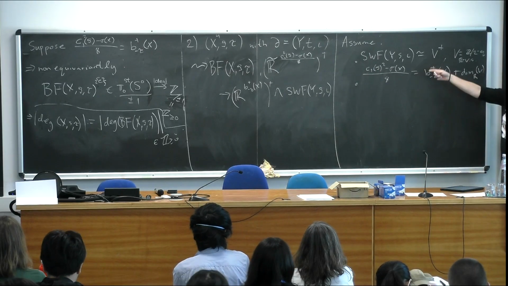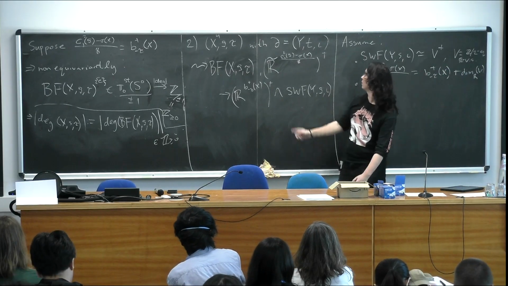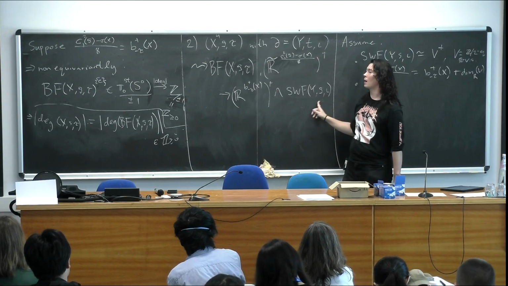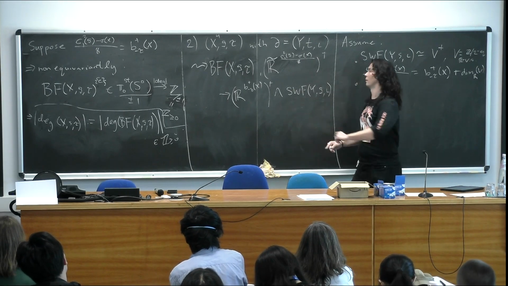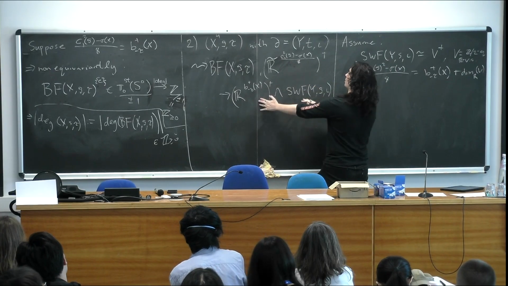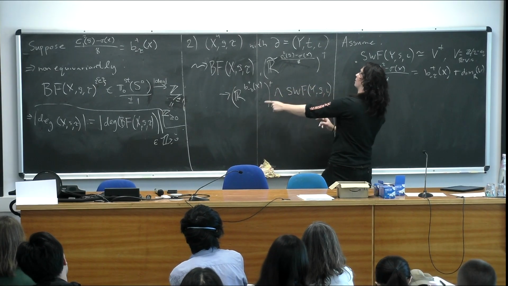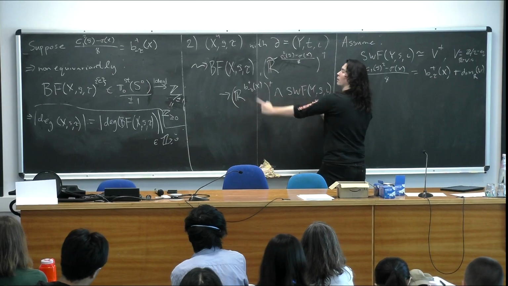Great. So under these two assumptions, what's going on? Well, this is just some sphere. I'm forgetting the equivariance now. So I have sphere, sphere, sphere, and the dimension adds up to the dimension of these two.